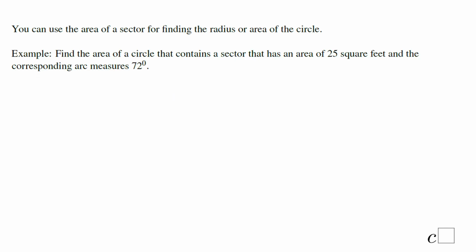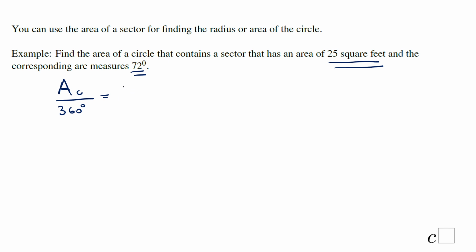Very similar to the previous problem, where we had the area of the circle and we needed to find a characteristic of the circle, the diameter, I think it was. Here we have the area of a sector, which is 25 square feet. And we know it corresponds to 72 degrees. Can we find the area of the circle? So if you remember, we have the area of the circle, which goes with 360 degrees, equal, so this is the left side of the proportion, equals what?